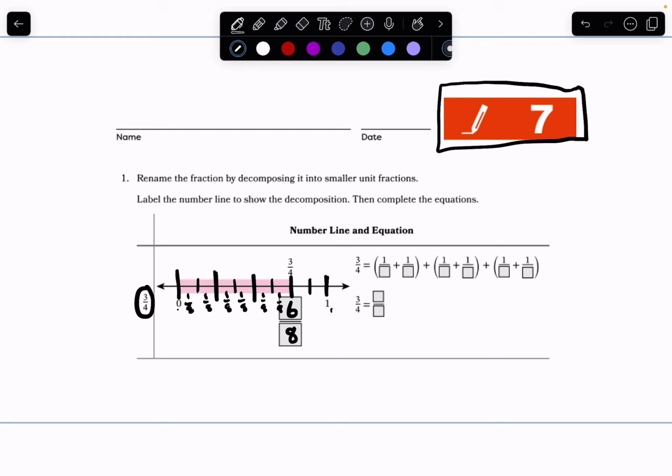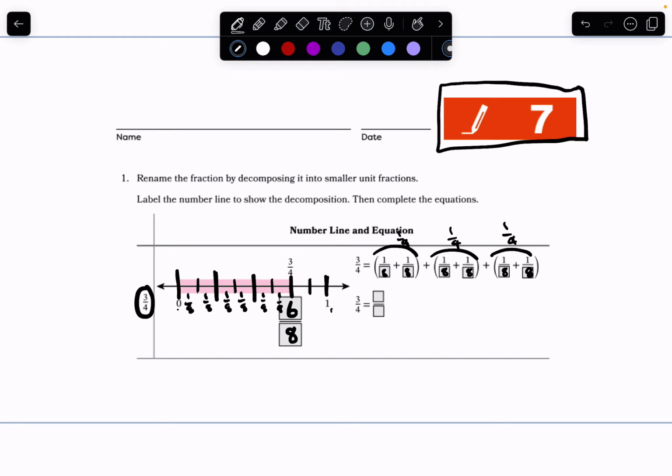The pink is shading in 3/4 or 6/8, and it can be both because those are equivalent fractions. Over here, it shows the decomposition by unit fractions, and it wants you to put 1/8 plus 1/8 plus 1/8 plus 1/8 plus 1/8 plus 1/8. 2 1/8 equals 1/4, and so each of those all together makes the 3/4.